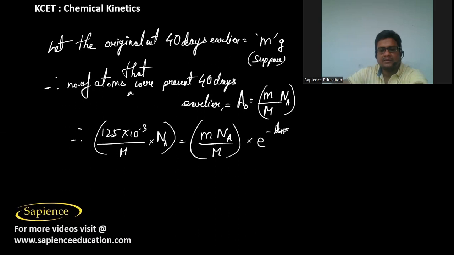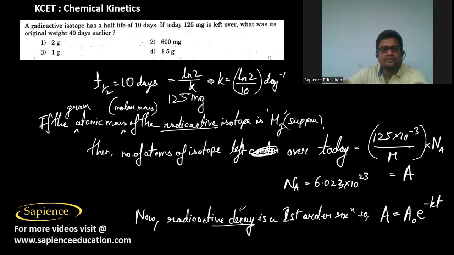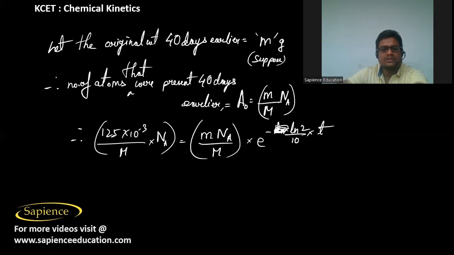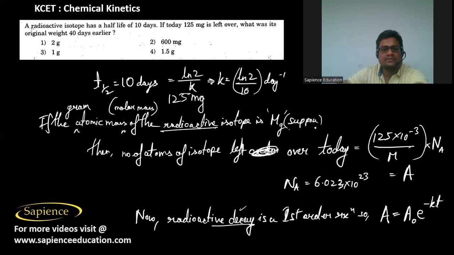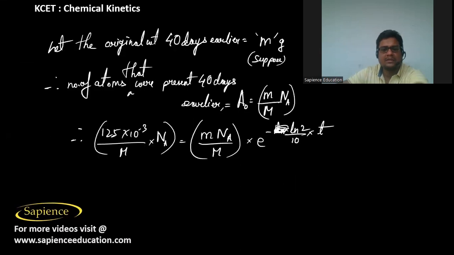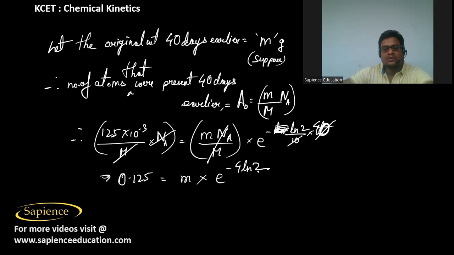So this will be ln2 by 10 into t, and t is 40 days earlier, so t equals 40. So 10 4s are 40, and Na by M will cancel out. So this will be 0.125 equals M into e power minus 4 ln2.